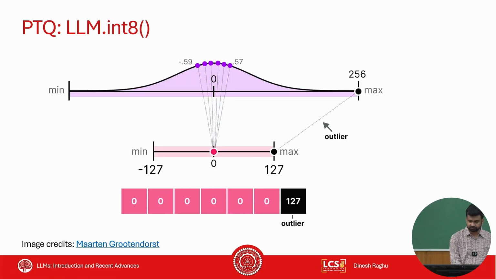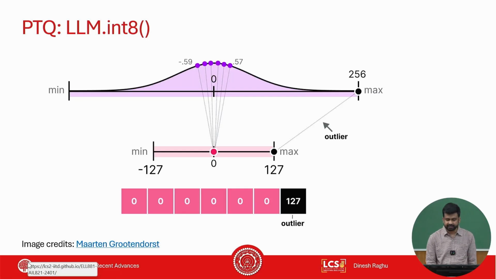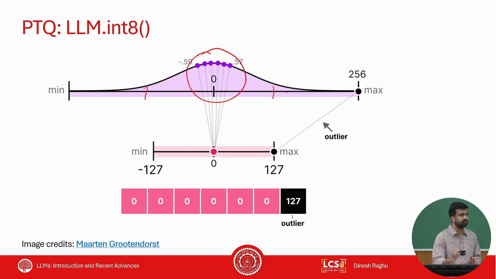So let's see the effect of outliers, right? Let's say you have your vector, and most of the numbers in your vector are between, let's say, minus 10 and 10 or something like that, right? Most of them are in that range, and a lot of them are focused around 0, right? But there is one value in the vector that is really high. So what happens because of this?